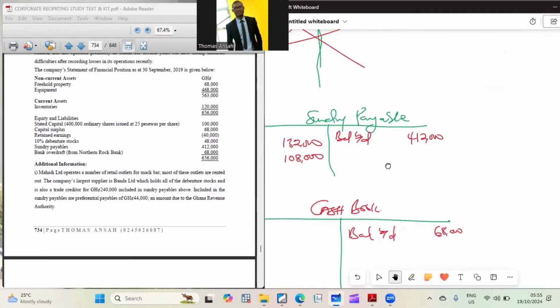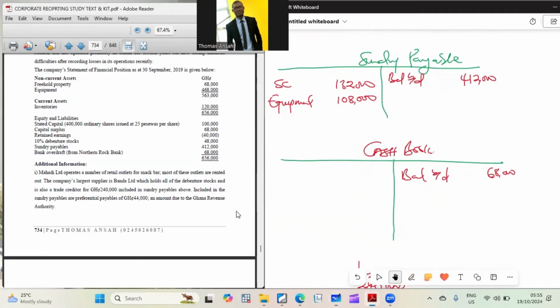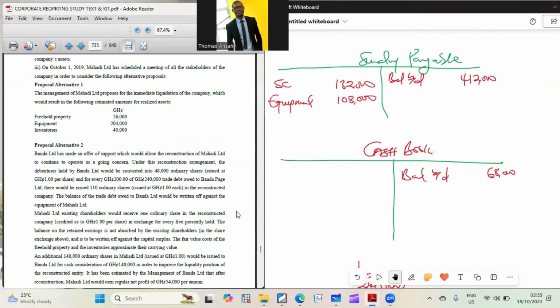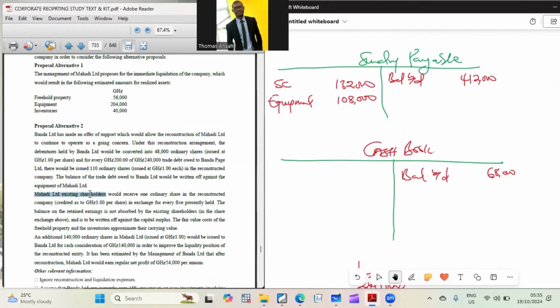So let's go to the next statement for an analysis. The next statement, what did it say? Mahadi's existing shareholders will receive one ordinary share in the reconstructed company, credited as 1 Ghana cedi, in exchange for every 5 presently held. All right. This one is a share statement.